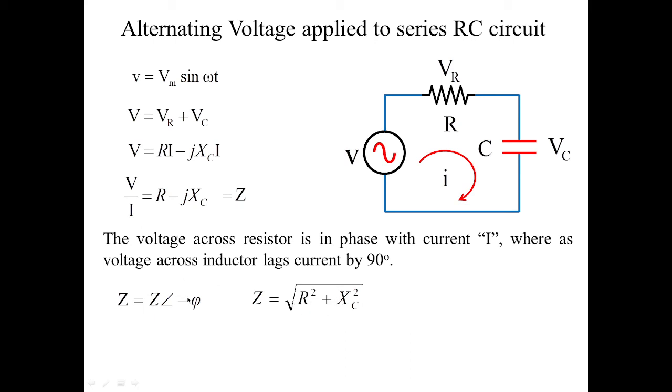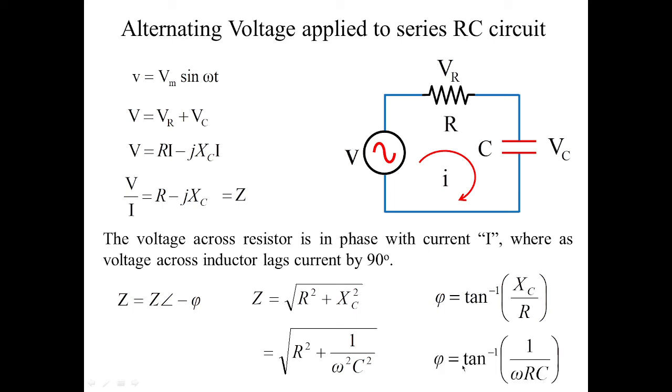Now since it is minus, it becomes R square plus 1 by omega square C square. Now this minus sign has changed to like this. Now you can get the value of phi, which is equal to tan inverse XC by R, but XC is equal to 1 by omega C. So phi is equal to tan inverse 1 by omega RC. Now this is how the RC network is different from the RL network.